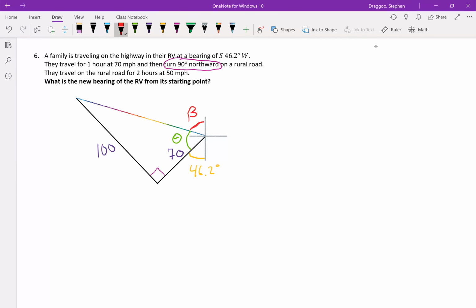And again, that bearing angle should connect my direction to the due north line. So if I set up an equation that I'll use to solve for beta, I know that it should be 46.2 degrees plus theta plus beta, and all of that is equal to 180 degrees.